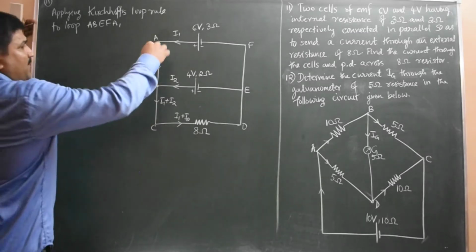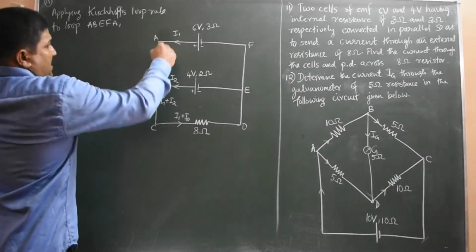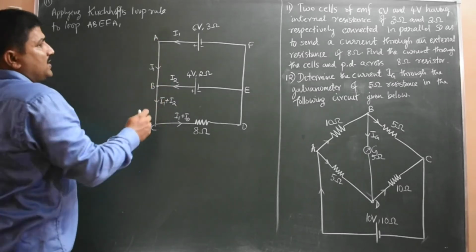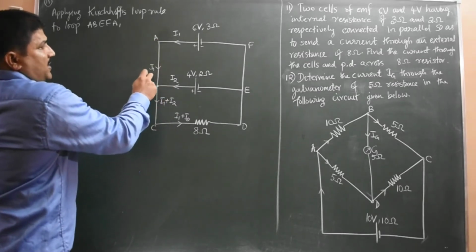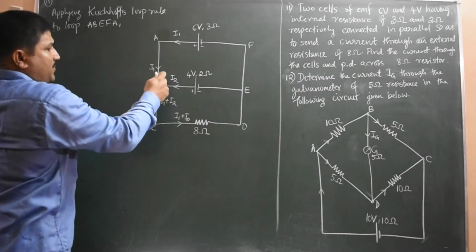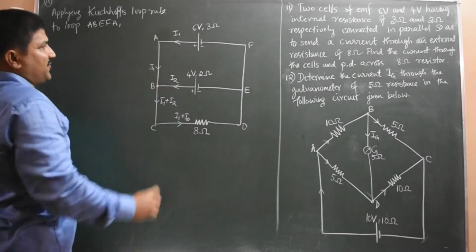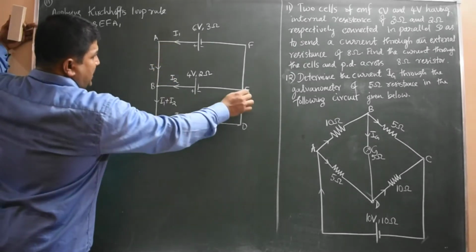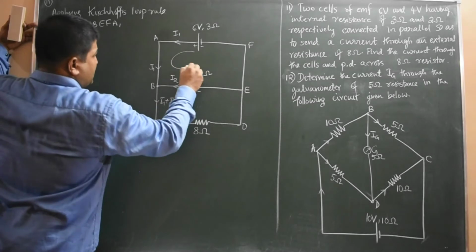The potential drop may be negligible, so the IR product is 0 because the resistance between A and B is almost 0. That's why we don't take any value here. From A to B there is no potential difference, or it is negligible. Now from B to E I traverse in this direction.